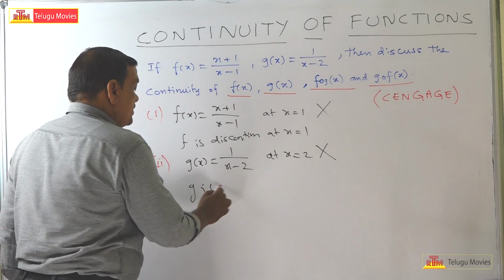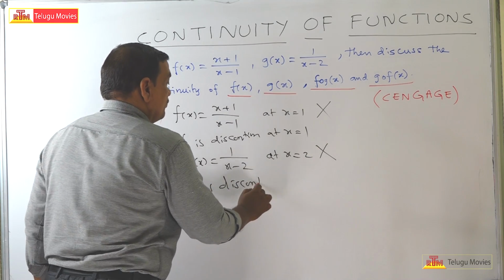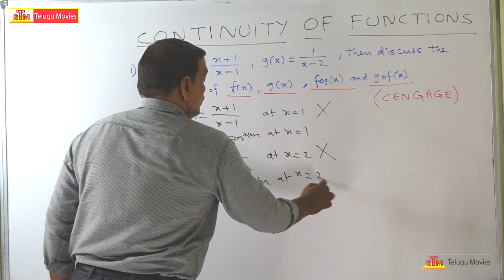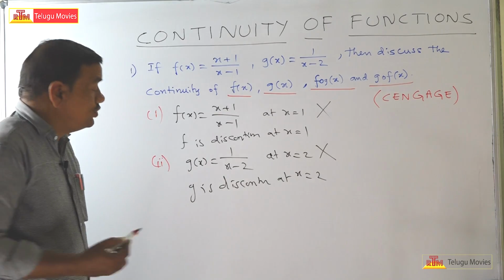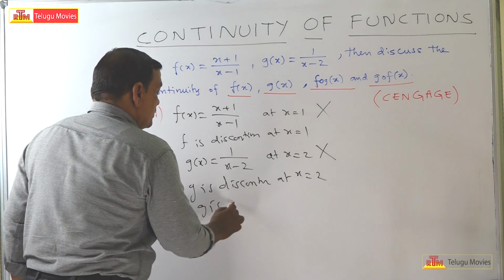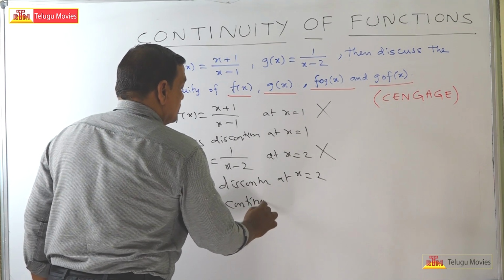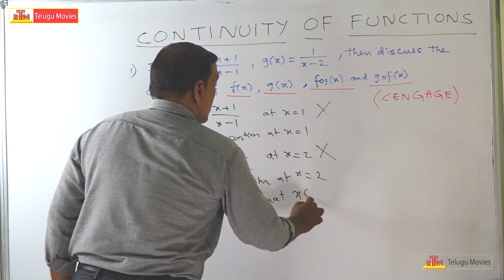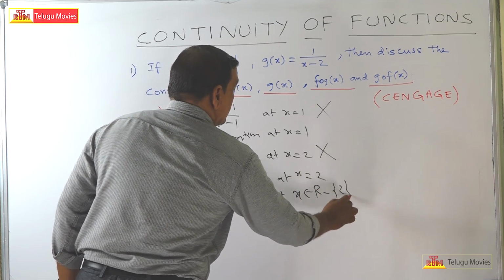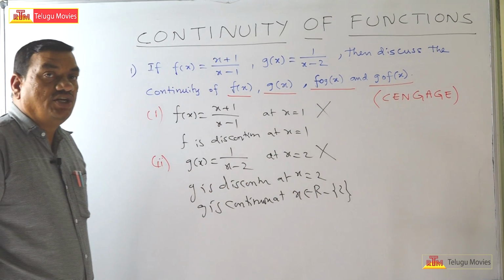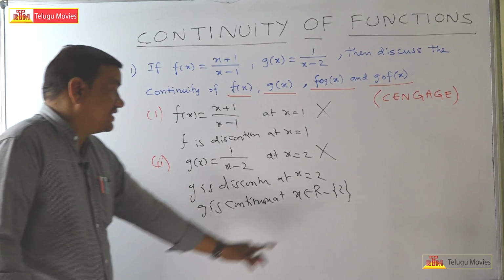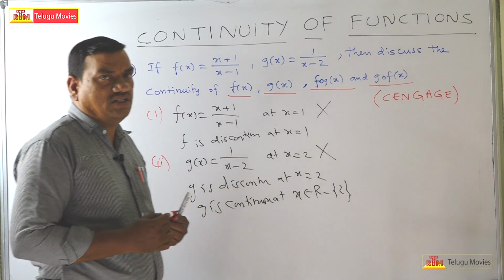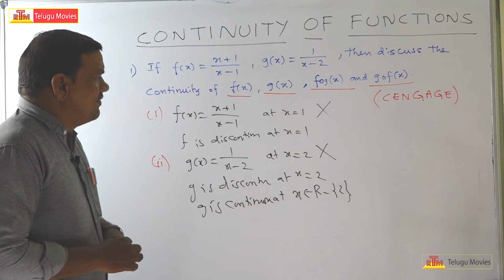Therefore g is discontinuous at x is equal to 2. Otherwise you can say that g is continuous for x belonging to the set of all real numbers except 2. Here f is also continuous at all real numbers except 1. Okay, those two things everybody knows.